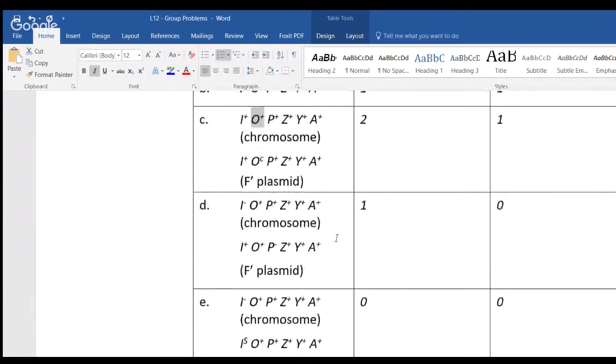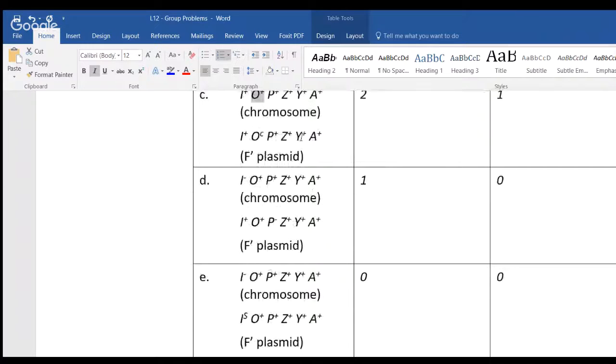In part D, if we have lactose, we can make a concentration of 1. And this is because the F plasmid continues to transcribe, whereas the chromosome is broken, and so without lactose being there, it doesn't do anything either.